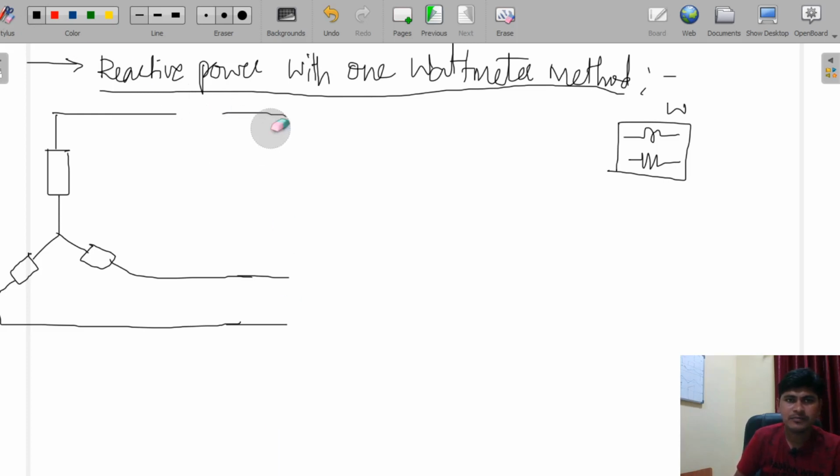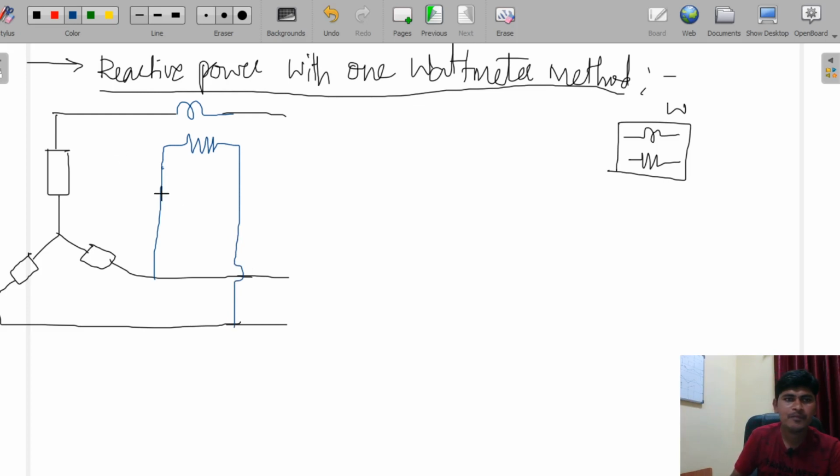In order to measure reactive power with the one wattmeter method, you place the current coil of the wattmeter in any one of these three lines and connect the pressure coil between the other two lines.